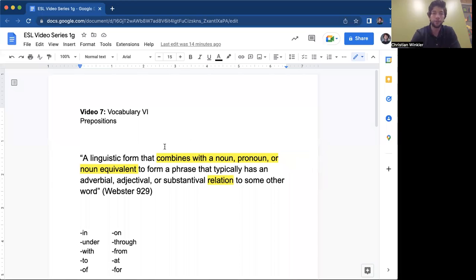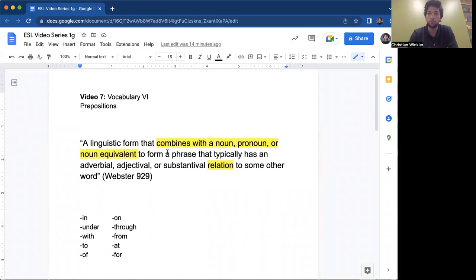Okay, cool. So prepositions, according to Webster's Ninth Collegiate Dictionary, is a linguistic form that combines with a noun, pronoun, or noun equivalent to form a phrase that typically has an adverbial, adjectival, or substantival relation to some other word. So we're going to break this down into the most important parts.